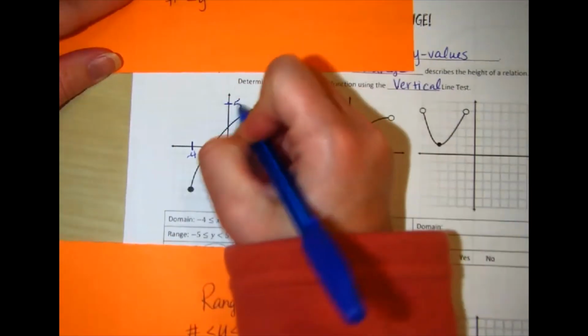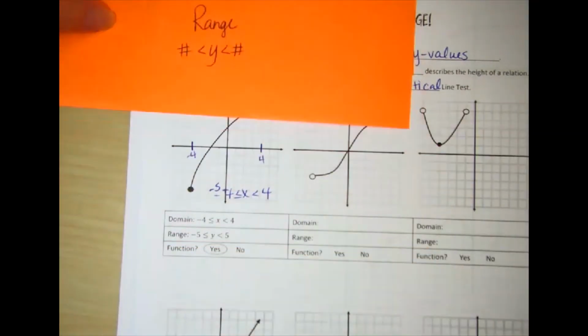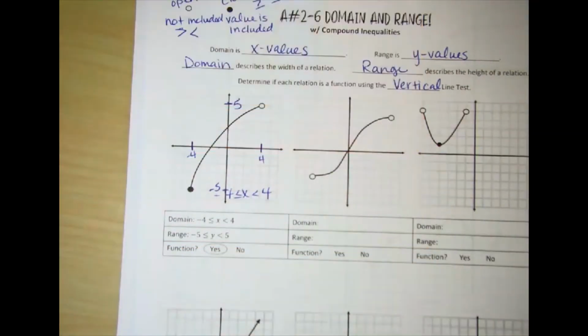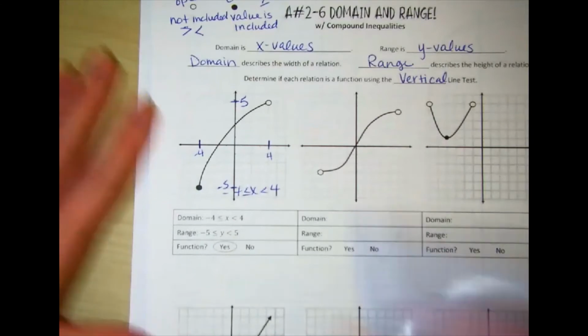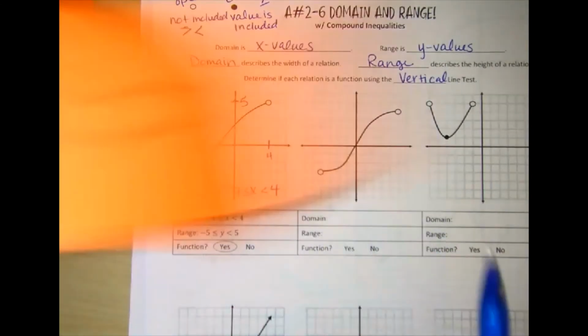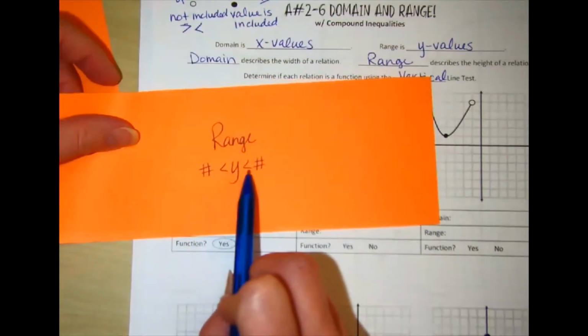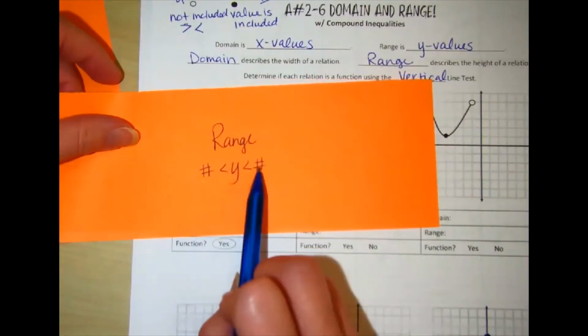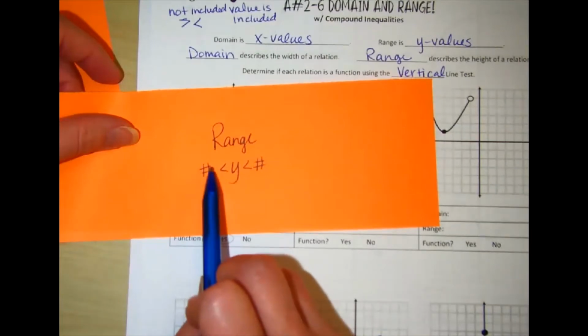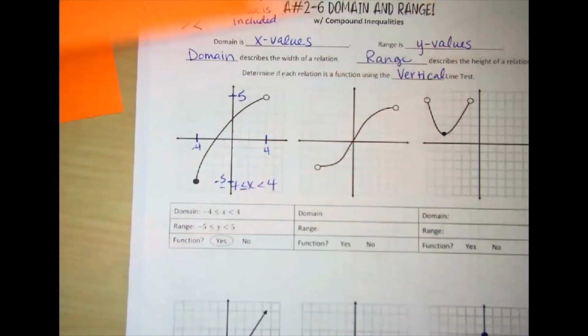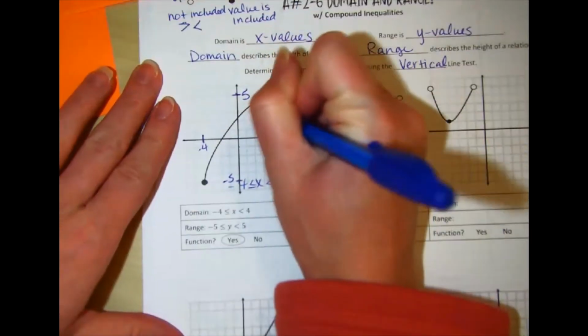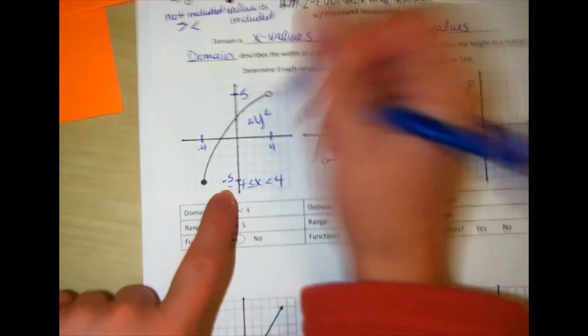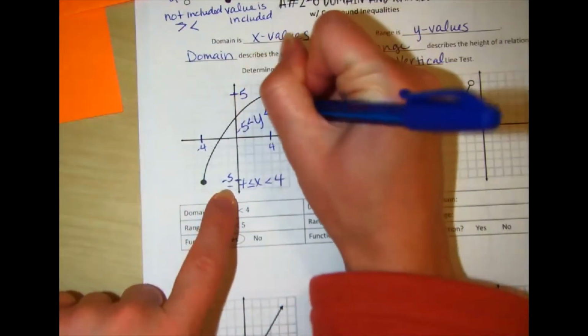That's positive 5. So for my range, because these are less than symbols, right? We're going to say all my y values are in between this number and this number. So this has to be the smallest number. So I'm going to say my y values are in between negative 5 and positive 5.